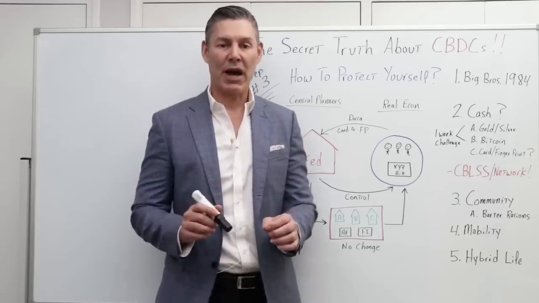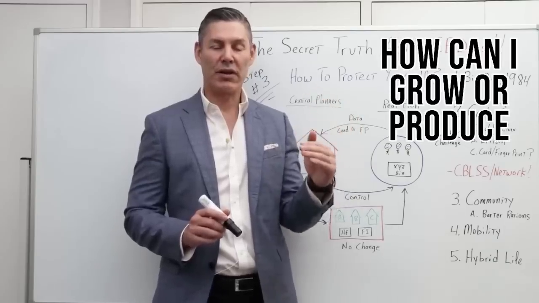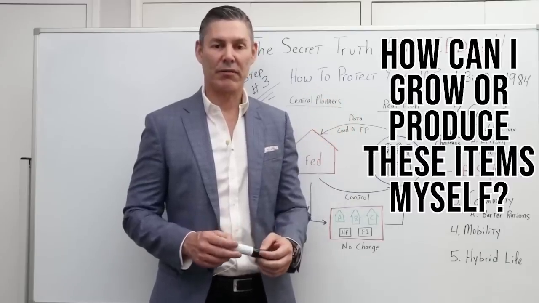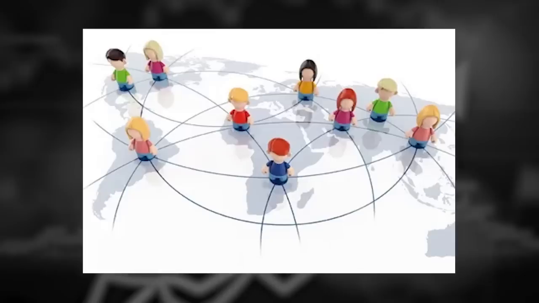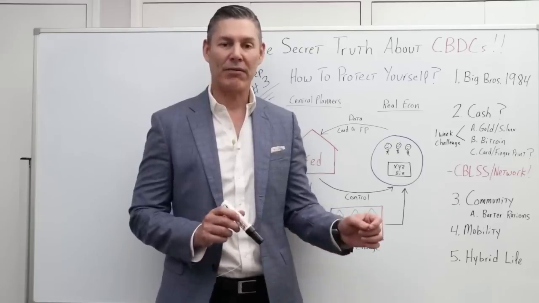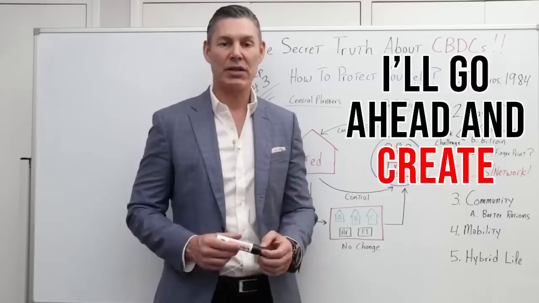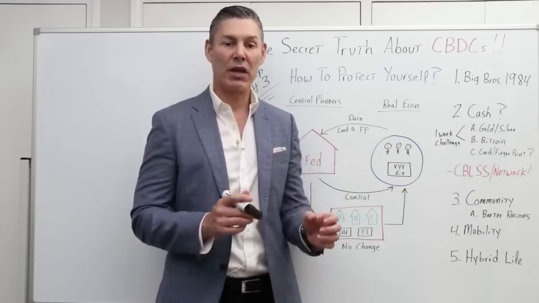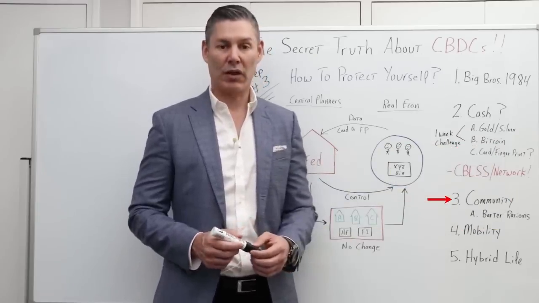And then I would simply ask myself, how can I grow or produce these items myself? So if I have to, I'll sit there and live in their stupid system, but I'm not going to let it impact my life, because what they won't give me, I'll go ahead and create on my own and within the community that I have at a local level.